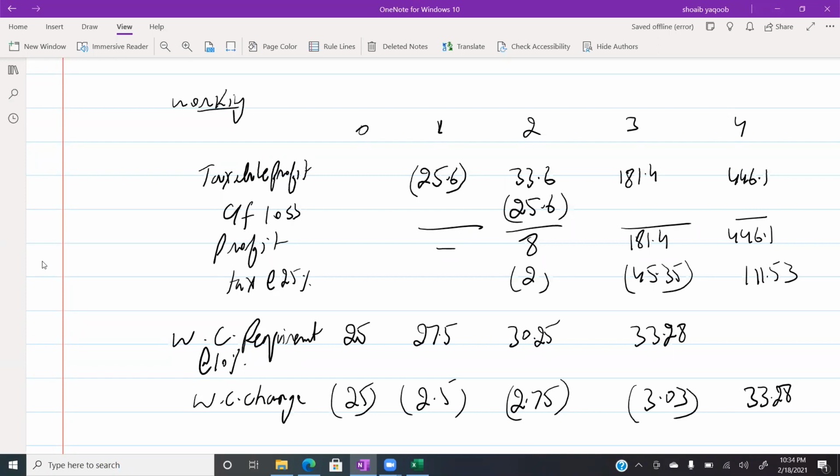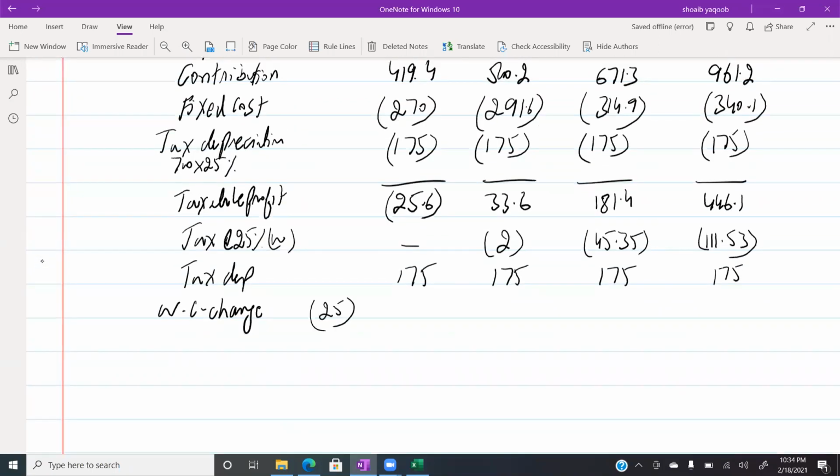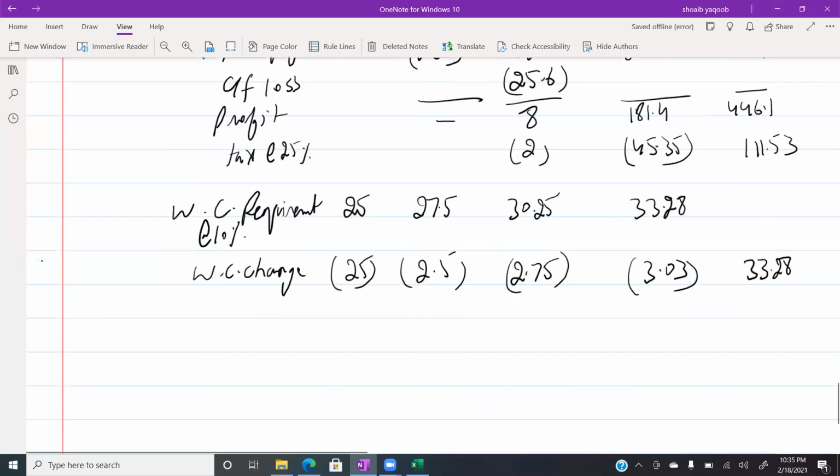Please check the calculation. 25, 2.5, 2.75, 3.03, 33.28.